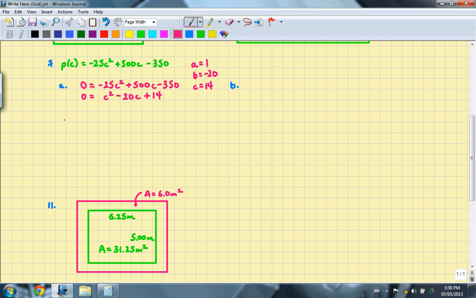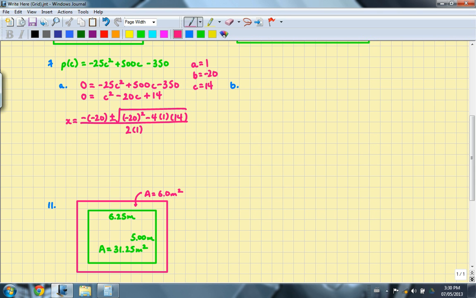So here we have x is equal to negative b, so negative 20 plus or minus negative 20 squared minus 4 times 1 times 14, and this is all going to be underneath a square root. Okay. And it's going to be all over 2 times 1.